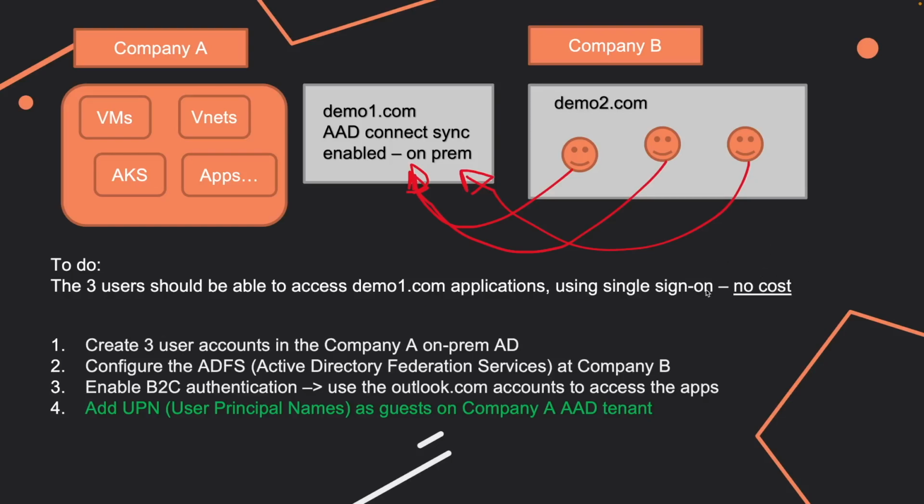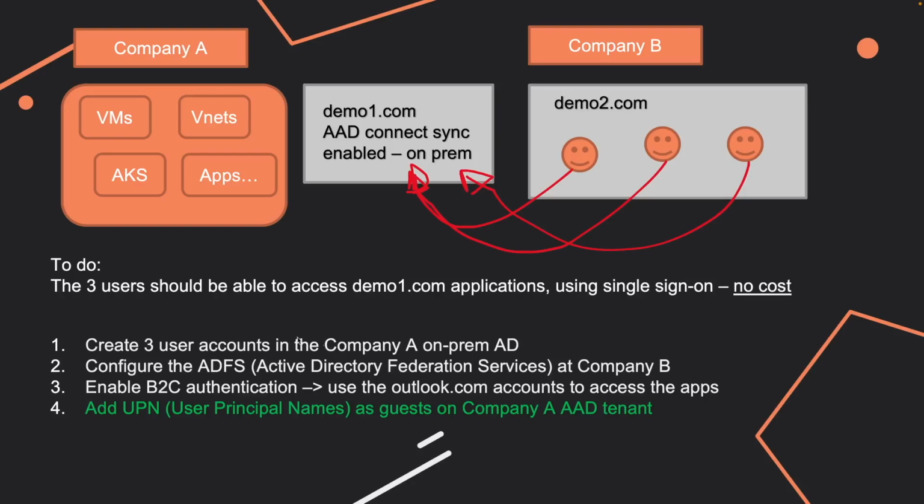This is what we want right here. Also, you shouldn't configure ADFS because this will involve higher costs and it will take a lot of time, and you want to implement this with no cost and as fast as possible.